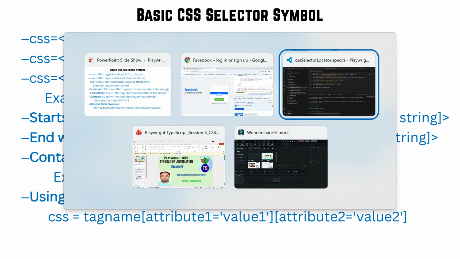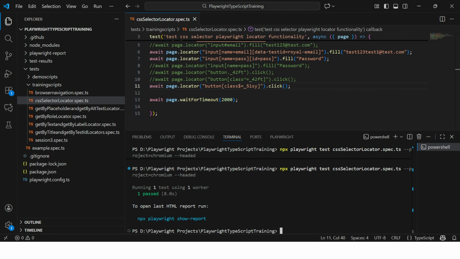But where are we using it? Sometimes your locator might already have some value which is static. Some components will never change, but some components might be dynamic. So in case you are using the whole attribute, it will fail because the dynamic part will change every time.